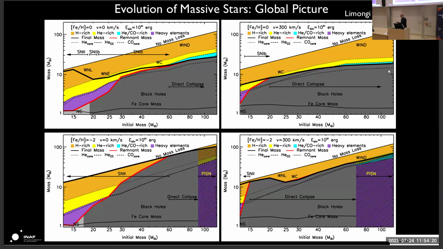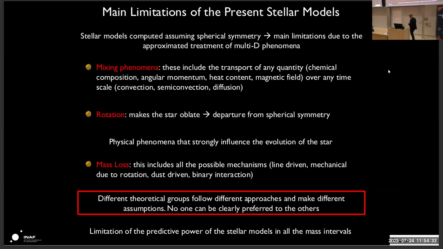Even if these models can be used to address and to discuss a number of astrophysical subjects, these models are in general affected by large uncertainties. Not only these models, but all these kind of models available in the market.